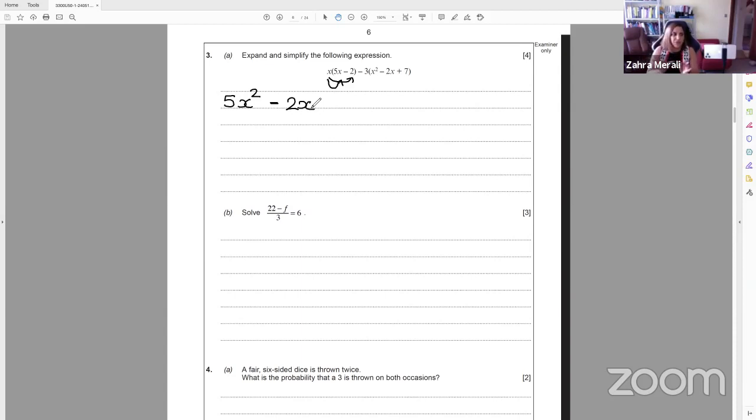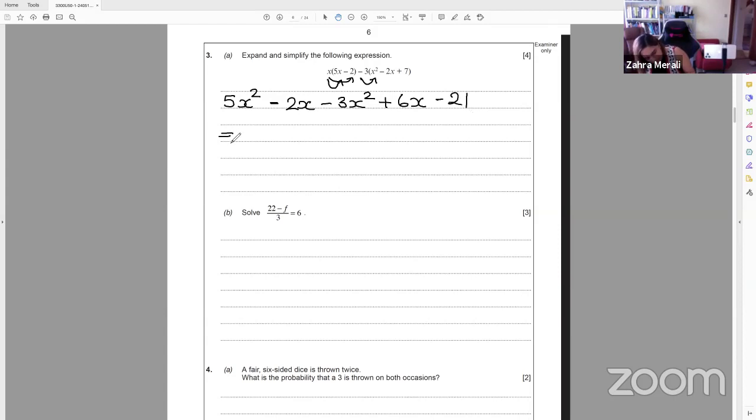Outside the bracket, you've got minus 3. So everything inside the bracket is being multiplied by minus 3. So you've got minus 3 times x squared to give you minus 3x squared, minus 3 times minus 2, which is going to give you plus 6. And then you've got minus 3 times 7 to give you minus 21.